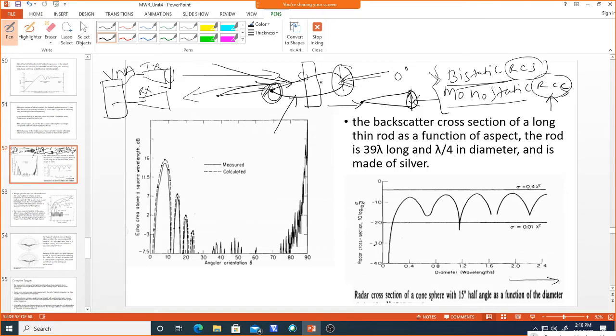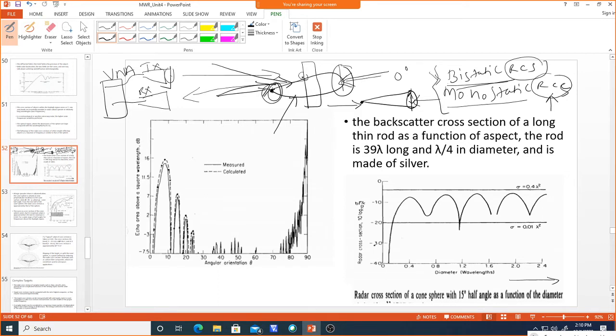If the RCS is more, the reflection of that signal will be more, and based on that you can estimate the size, shape and position of the target. That's why the RCS should be reduced as much as possible.